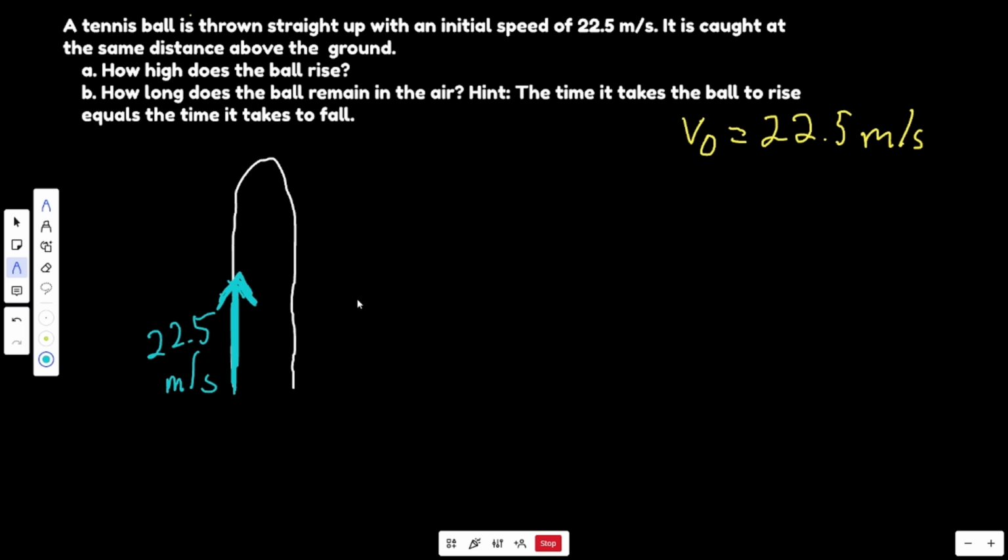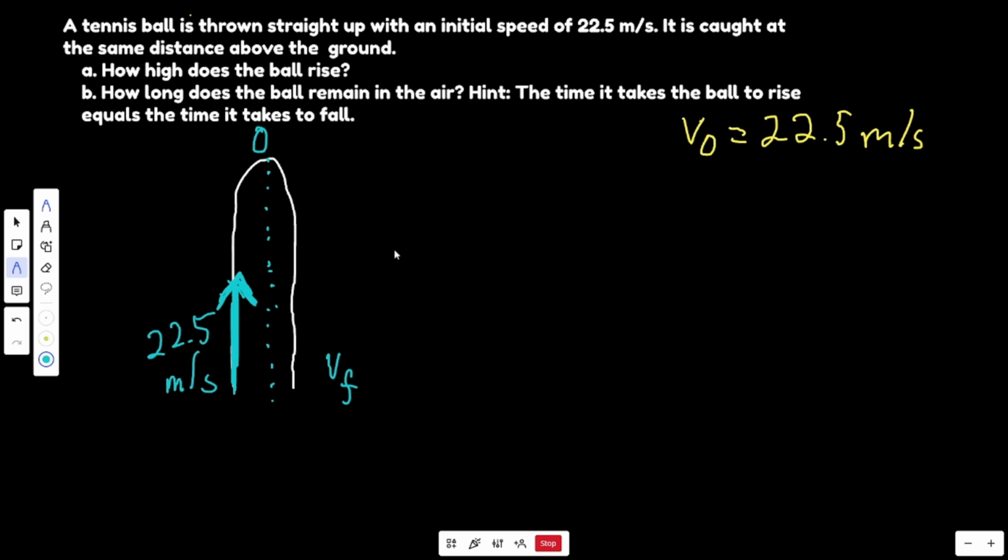So we know, for example, that there's going to be two halves of this parabola, right? So on those two halves, we're going to be able to get the initial velocity here on the left, the zero velocity on the top, and the final velocity on the right.